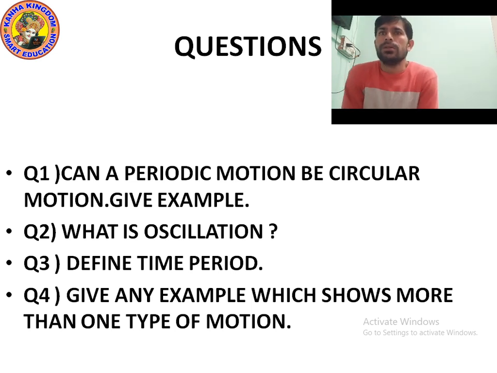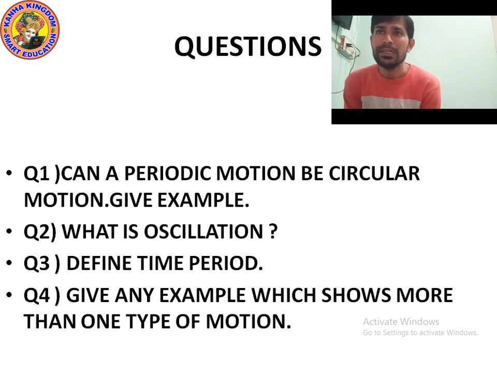You know that the earth revolves on its own axis, and it completes one round in 24 hours. So it shows circular motion, which is actually rotatory motion. After 24 hours it completes the round again, so it is repeating its motion.